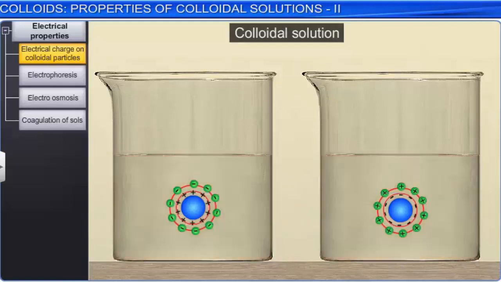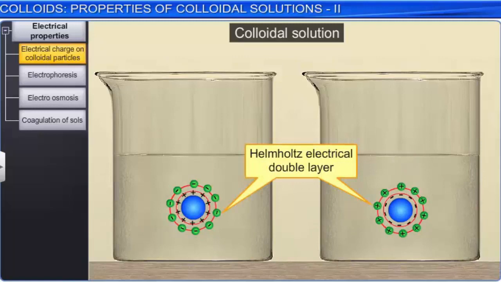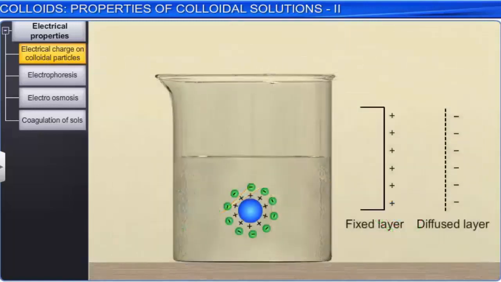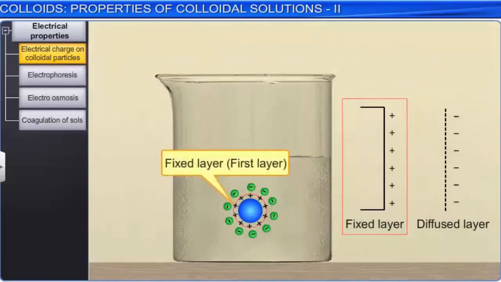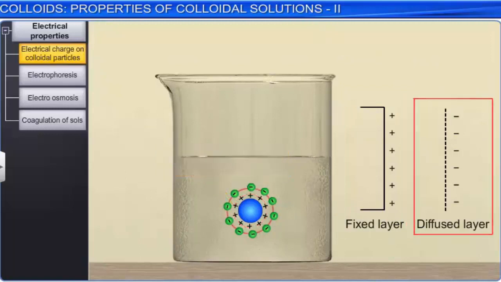The combination of two layers of opposite charges around a colloidal particle is called the Helmholtz electrical double layer. The first layer is firmly held and is called the fixed layer, while the second or the outer layer is mobile and is termed the diffused layer.